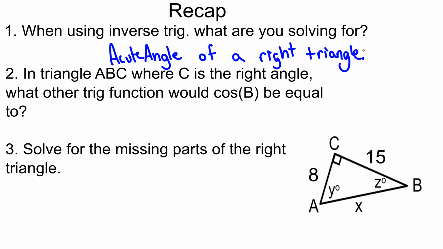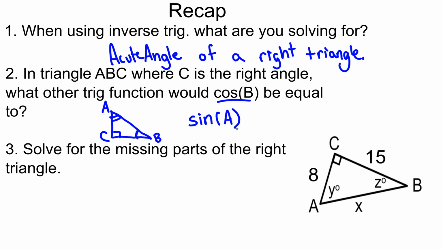Next question, in triangle ABC, where C is the right angle. So let's go ahead and draw a quick right triangle there. ABC, where C is the right angle. What other trig function would equal the cosine of B? So we know the other acute angle is going to be A, and we know that the cosine of one angle is equal to the sine of the other acute angle.